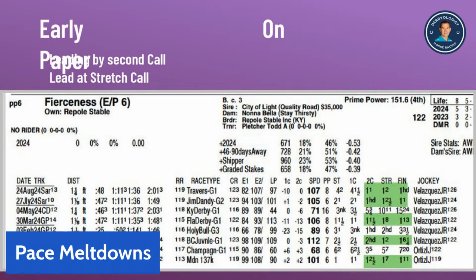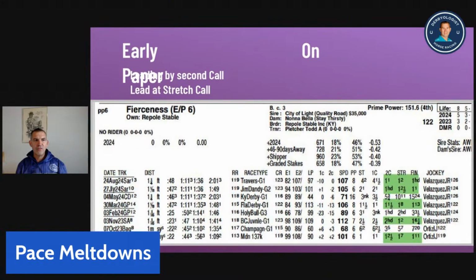Now, Fierceness came a little bit off the pace with a 3-wide trip in the Travers Stakes, but that speed that day did kind of fade going into the turn. Also, he was challenged late in the race by Torpedo Anna, and he really wasn't challenged going into the turn. So that is something to think about with Fierceness.